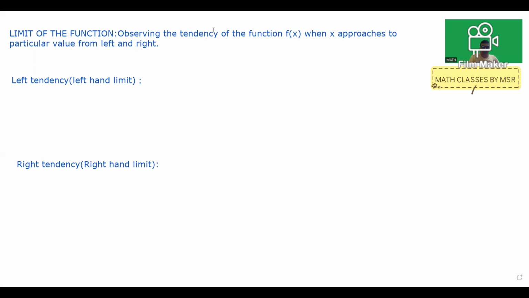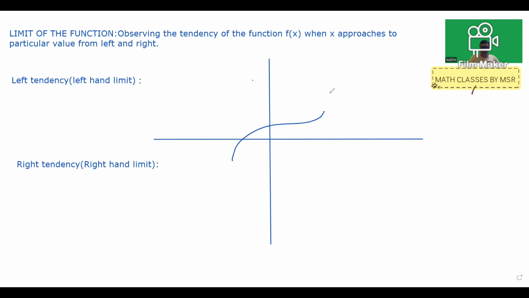Suppose we see one function, I'm drawing the graph like this. This is the graph of the function, suppose the function is f of x.